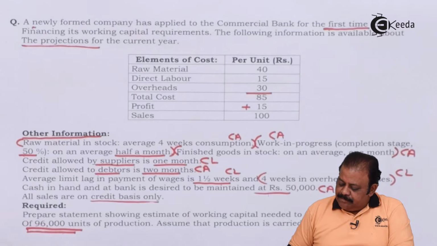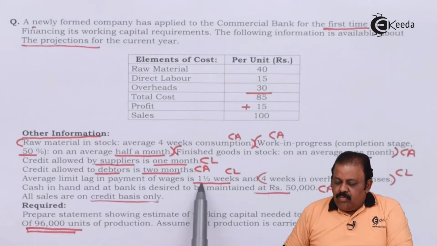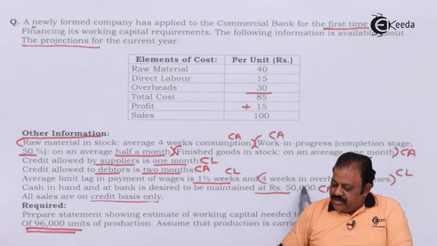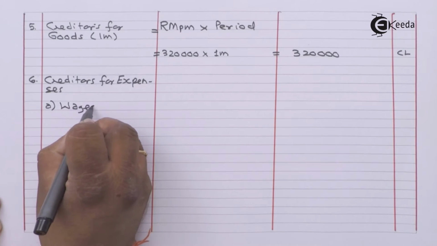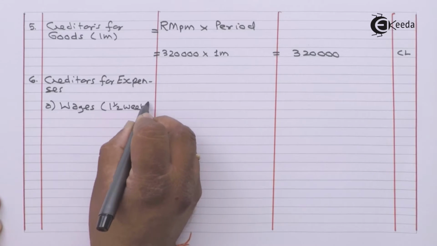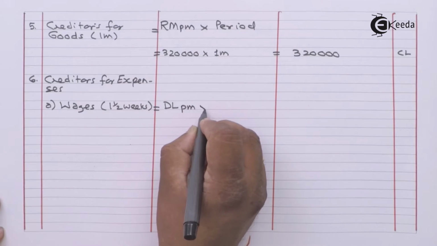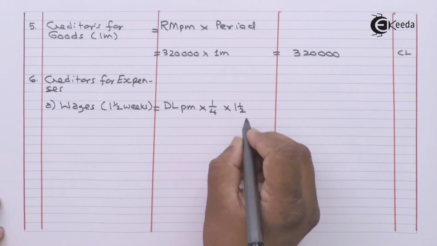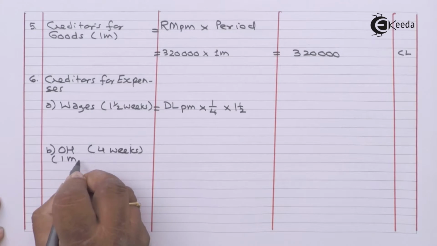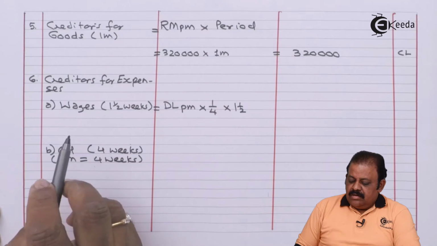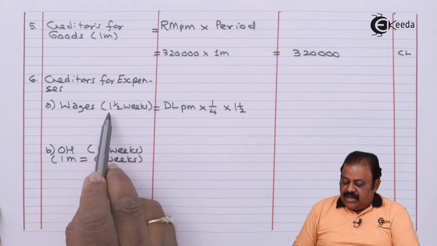Creditors for expenses. Average lag in payment of wages 1.5 weeks and 4 weeks in overhead expenses. Creditors for expenses, wages, time gap of payment remaining outstanding 1.5 weeks.